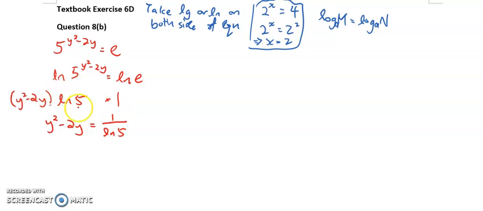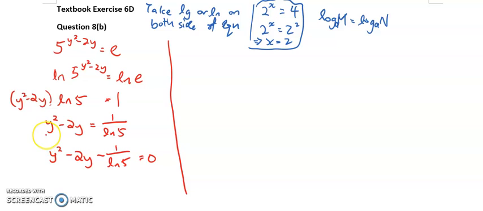Recall ln is something that you can press on your calculator, ln 5, to get a numerical value. So this 1 over ln 5 gives you a numerical value with a lot of decimal places. You can treat it as a constant term for this quadratic equation. So if we shift over, y squared minus 2y minus 1 over ln 5 equals 0.